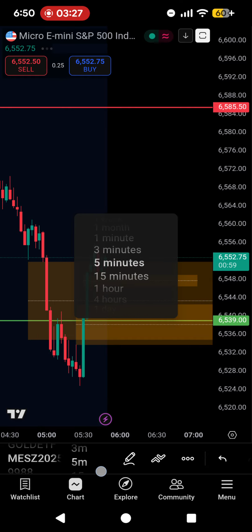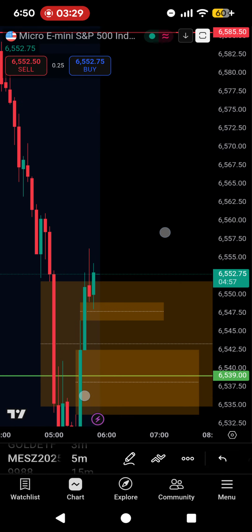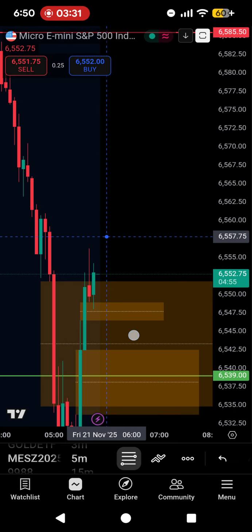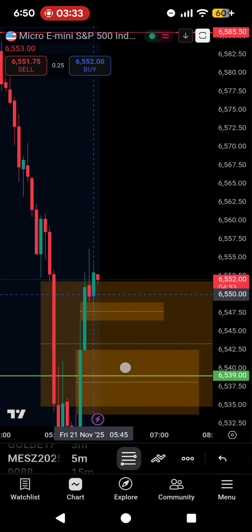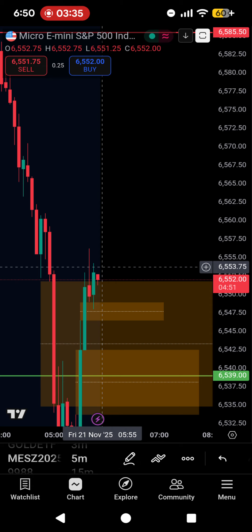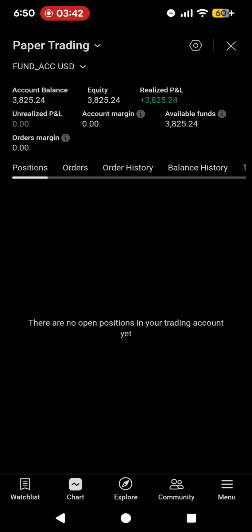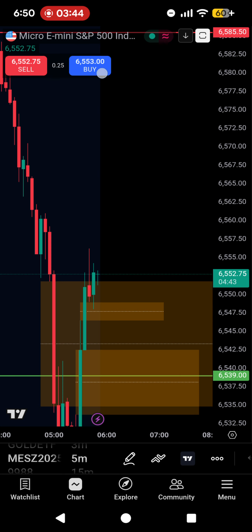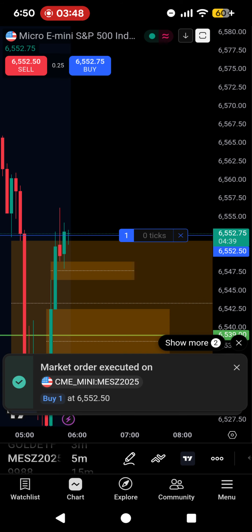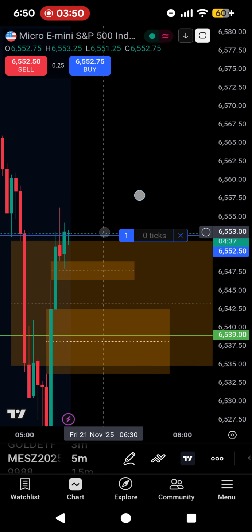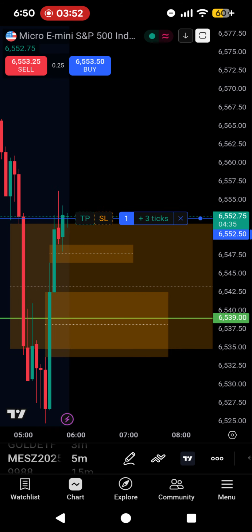So on the 1-minute chart, I'm gonna expect very nice... Okay, you're gonna buy here actually. Why? Because the inversion fair value gap, we already closed above it. That's why I choose to go long.